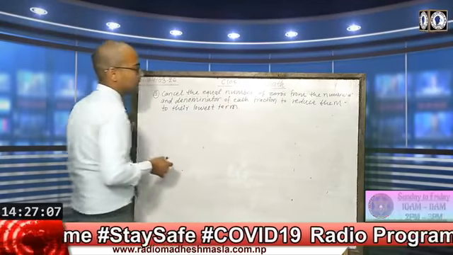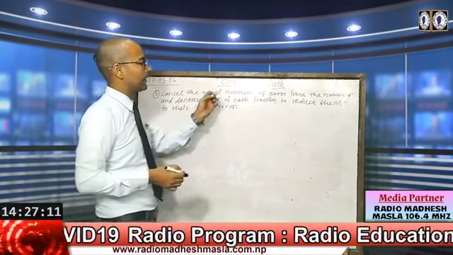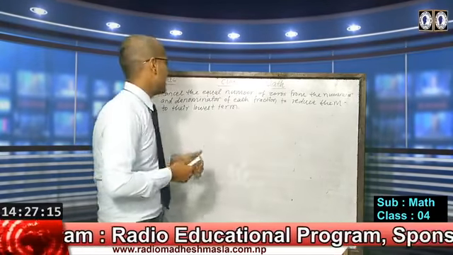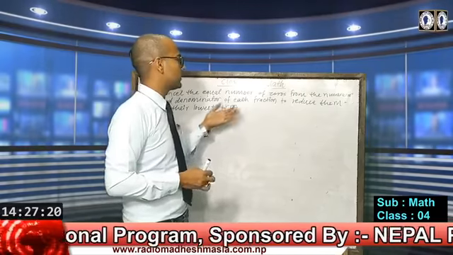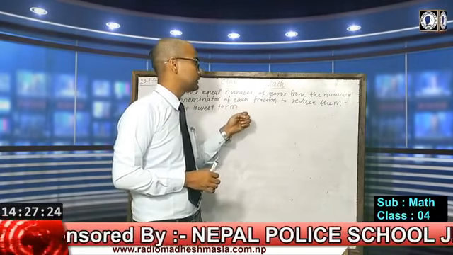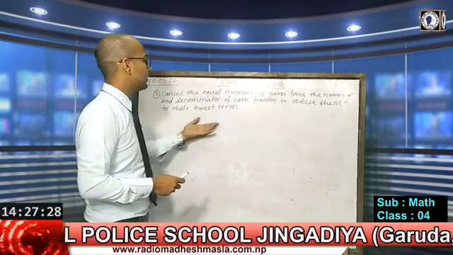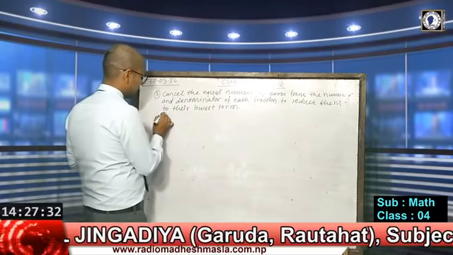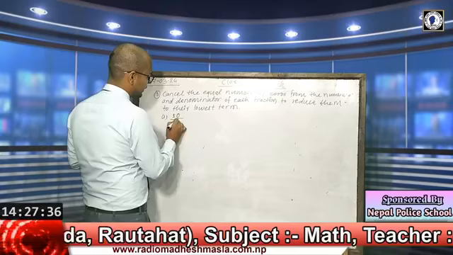So students, your question is like this: cancel the equal number of zeros from the numerator and denominator of the given fractions to reduce them to their lowest term. Suppose our question is 10 by 20.